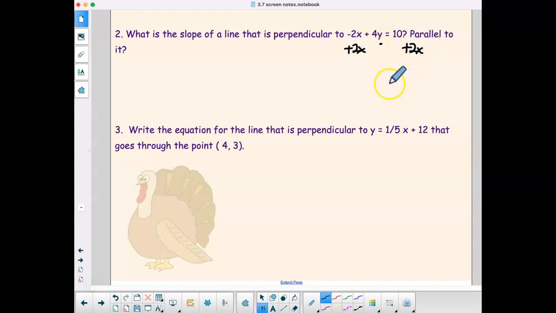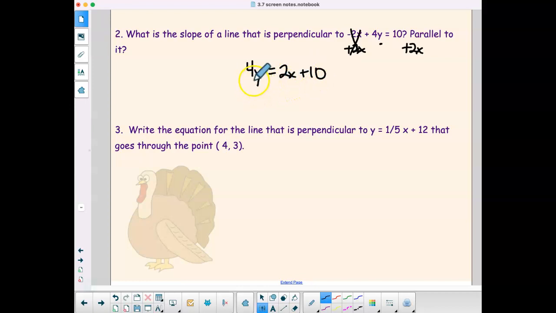So I'm going to add 2x to both sides. I'd be left with 4y on this side of the equal sign. And then most teachers would prefer you to put the x in front. It really doesn't matter, but slope-intercept form would say that you'd put the 2x over there and then just the +10 would just ride along. They're not like terms, so you can't put them together, but it doesn't matter what order you put them in.